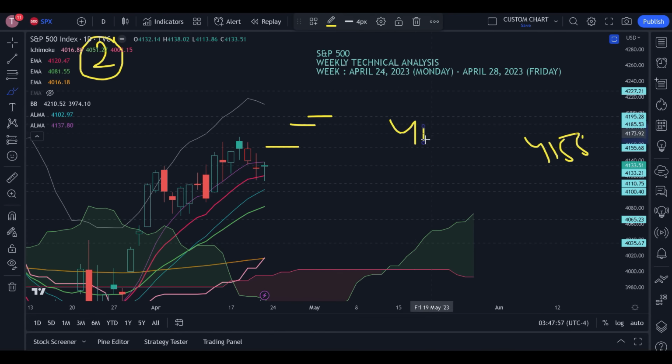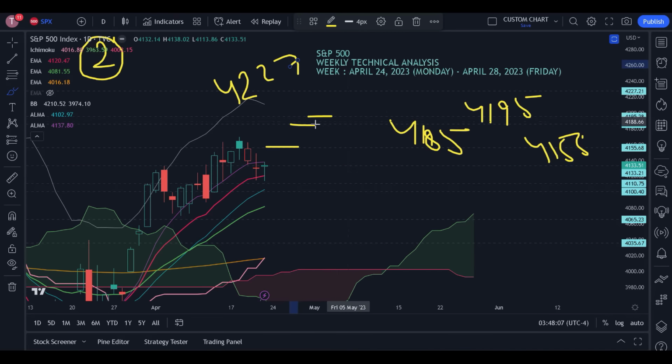4185 and then 4195, right? And then comes 4227. So now the question is why I am keeping 4227 particularly in the picture.